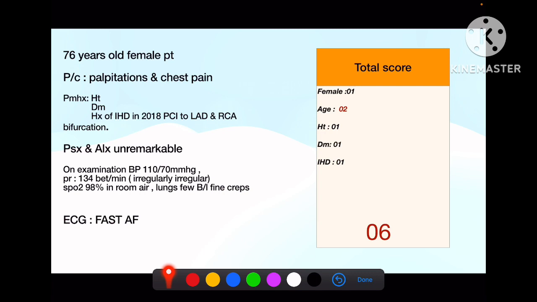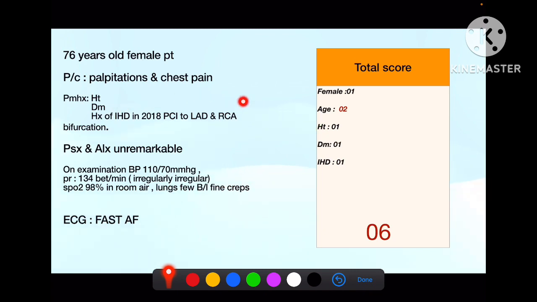Since this patient's age is 76, you have to give that age category 2 points, because if it is more than 75, you give 2 points. Since your patient is female, she can earn another one point, right? Since she has comorbid hypertension, a separate 1 point you have to allocate.